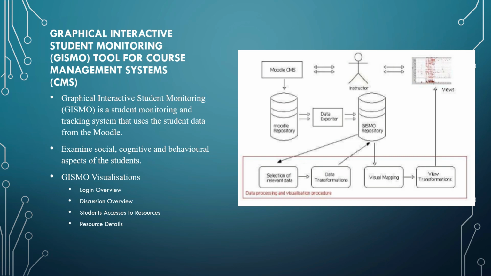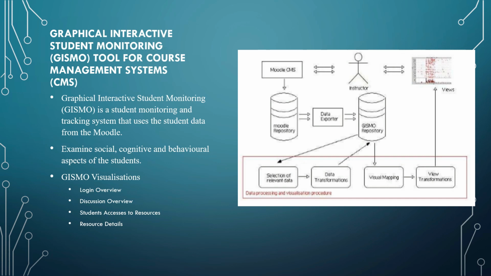As you can see on the picture on the right, the Moodle CMS will record the student data and save the student data to the Moodle repository or Moodle server. And then the data will be exported to the Gizmo repository using the data exporter.